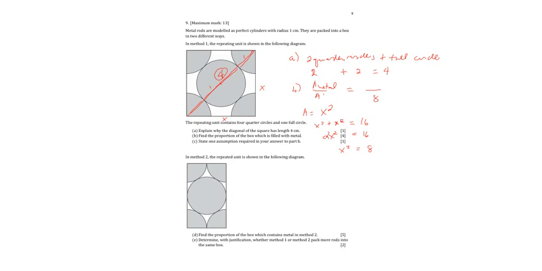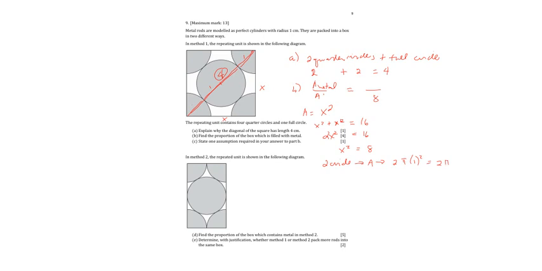The area of the metal is 4 quarter circles, which is 1 circle, and then we have another circle, so we have 2 circles. And the area of this is pi r squared times 2. So 2 pi, but our r is 1 squared, so it's equal to 2 pi.